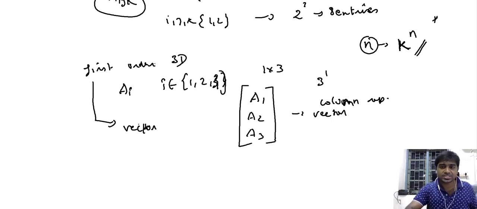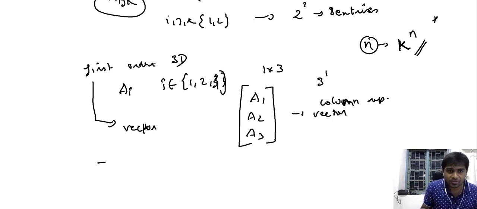When you consider a tensor that is dependent on only one index, it is a quantity that is dependent on one direction, which is nothing but a vector. When you write it down in the form of a matrix, you write it in this form, which is the column representation of a vector. So the first order tensor is a vector.